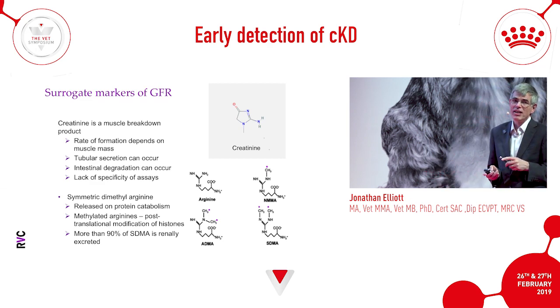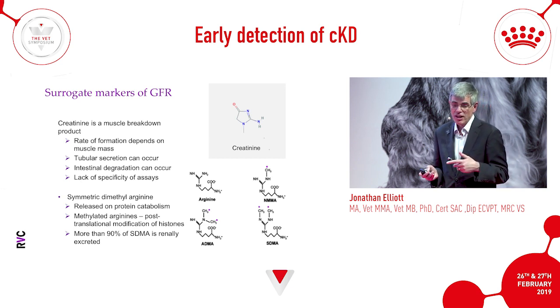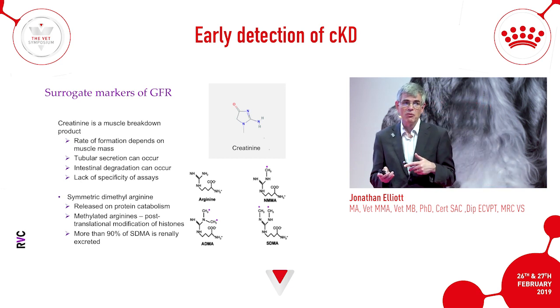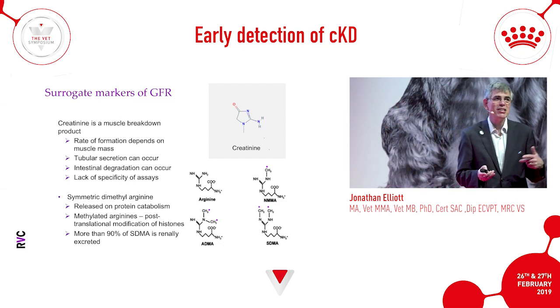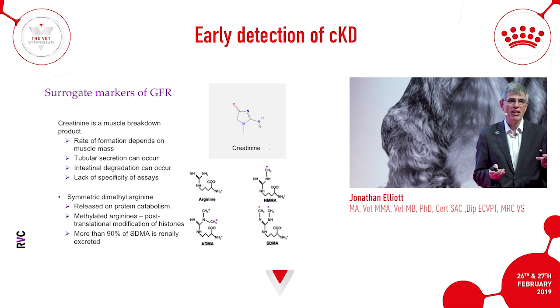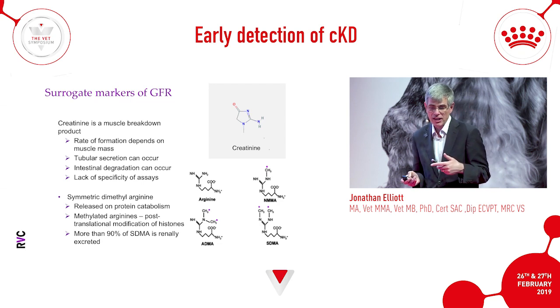Creatinine is a breakdown product from muscle, and creatine phosphate is where the energy stores in muscle are kept. And so the amount of creatinine that's produced is dependent on your muscle mass. There is a little bit of tubular secretion of creatinine that occurs, and actually with some pet food diets there is the ability of creatinine to be liberated from the food, and so to have an increase following dietary intake.